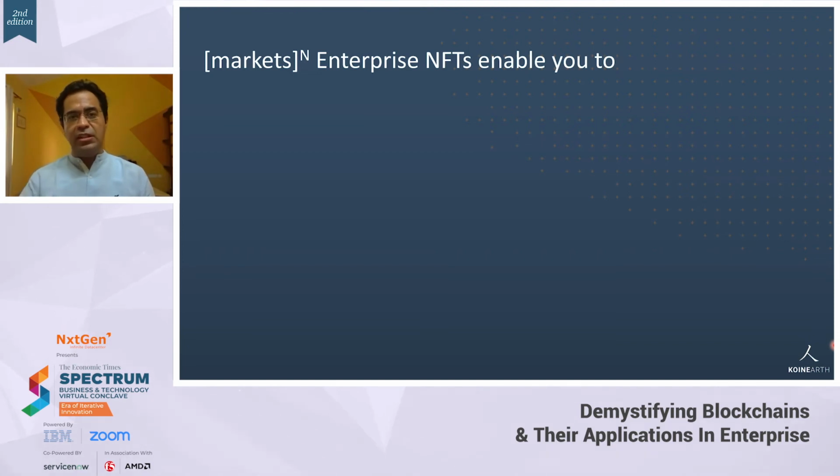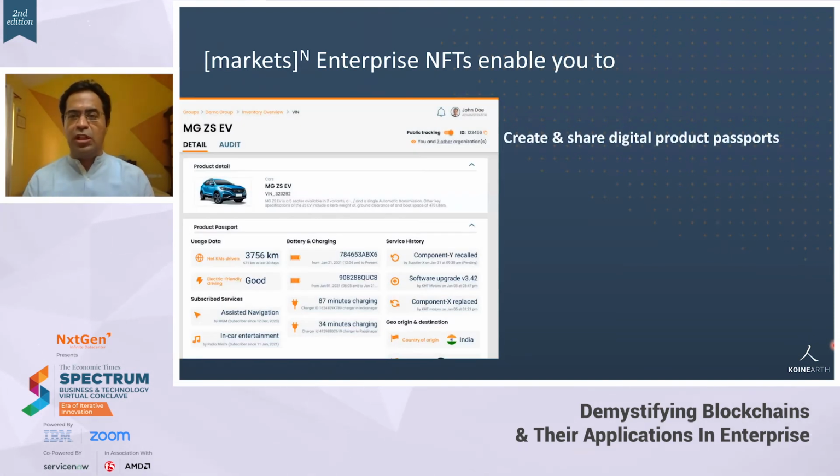So what we have done is created the notion of a product passport with enterprise NFTs. For example, here is a passport for a vehicle, for a car, right? Now, I will bring your attention to this part. You will notice that this is a passport which is shared between you as an organization and three other organizations.